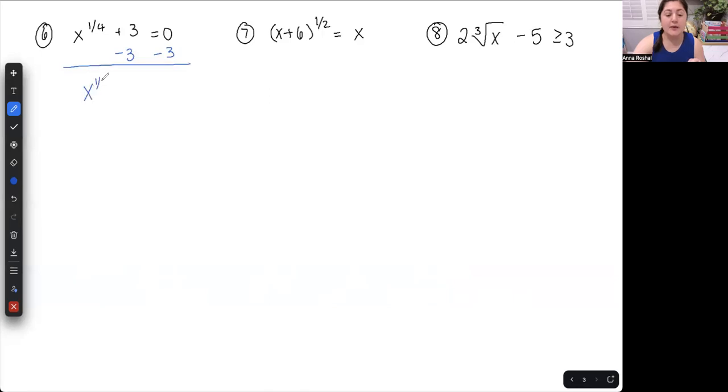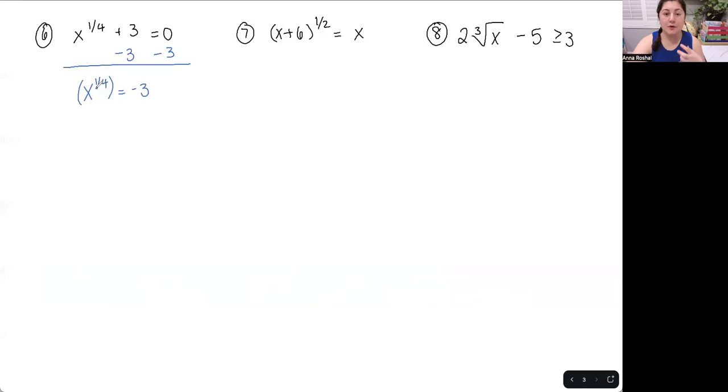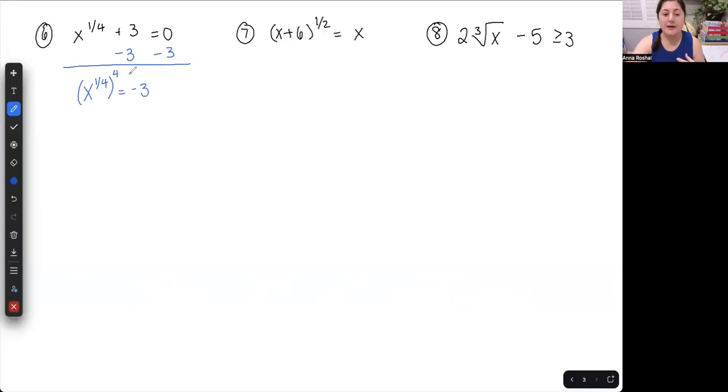And I'm going to end up with x to the 1/4 power is -3. And then in order to eliminate this fraction exponent, I'm going to put it to the 4th power because 1/4 of 4 is 1. And then I'm going to put this side also to the 4th power. Now I know that 3 to the 4th power is 81. And then that's going to be my final answer.